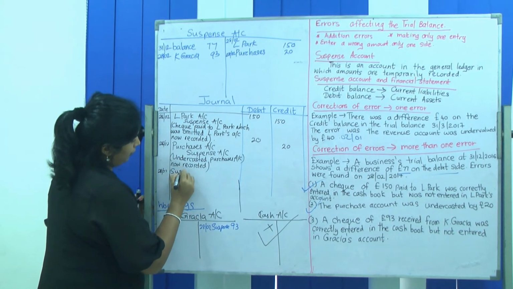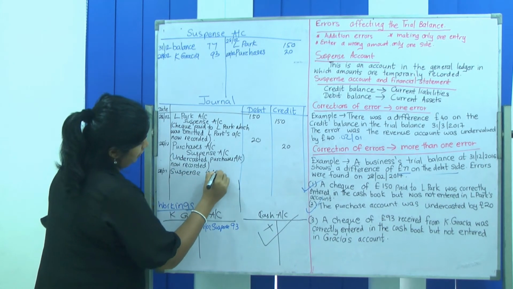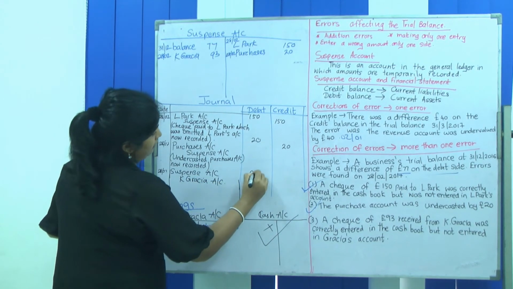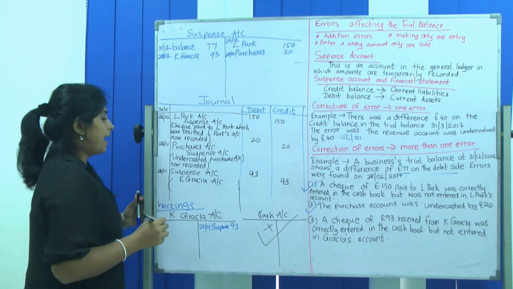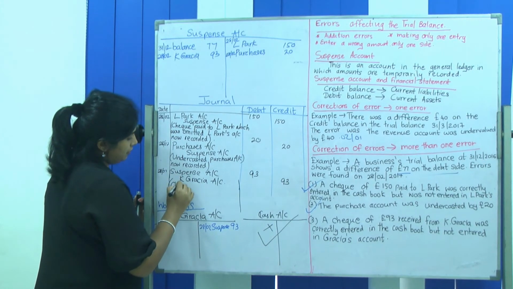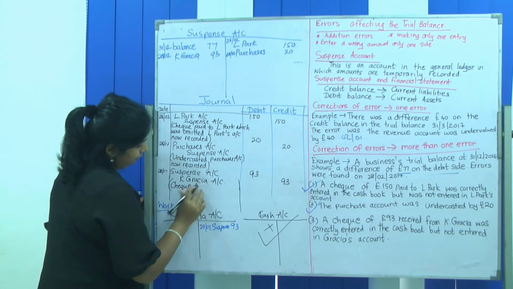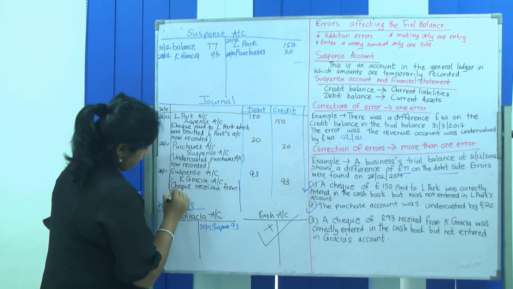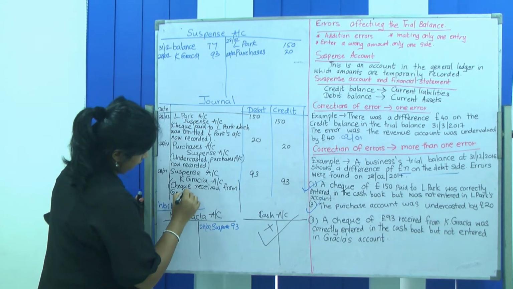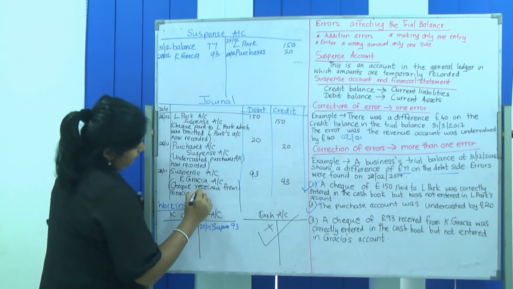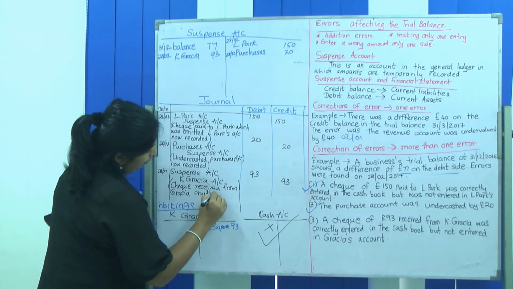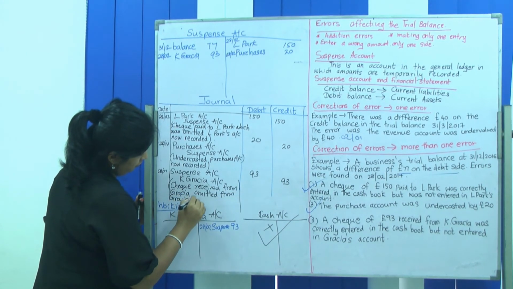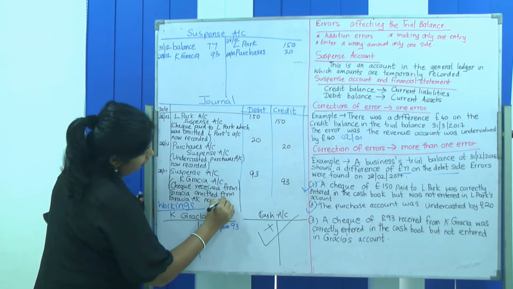The suspense account was debited and Krashia's account was credited by 93, and as the narrative you can write, check received from Krashia, omitted from Krashia's account, now entered or now recorded.